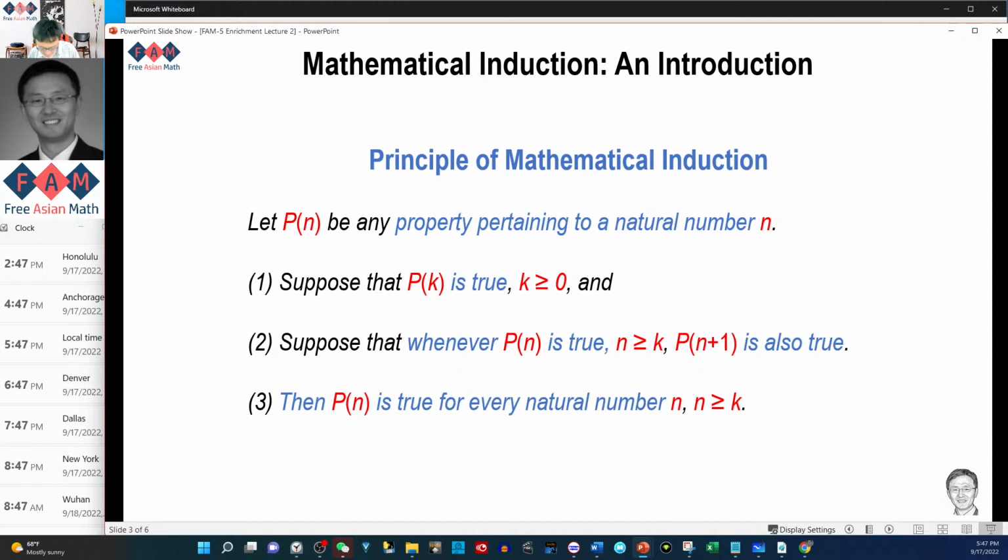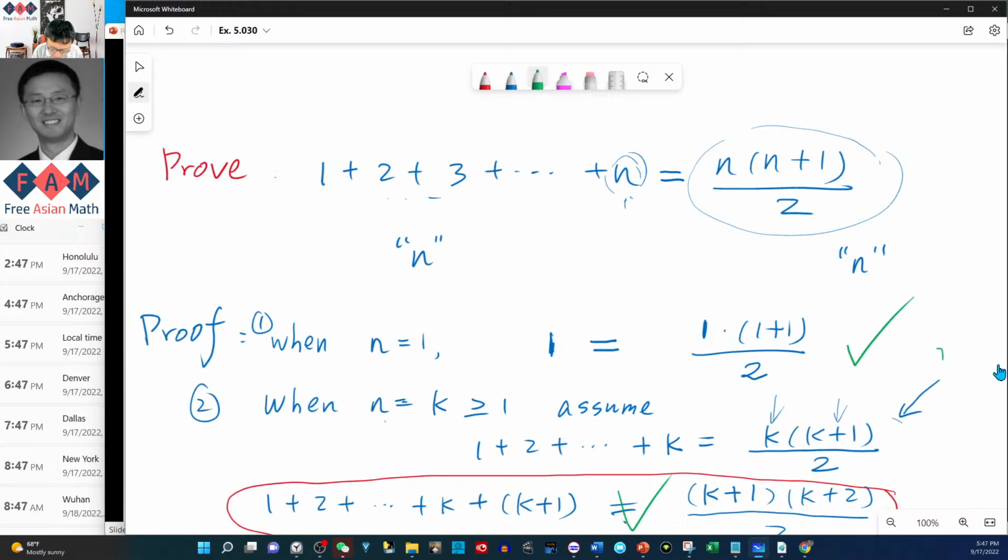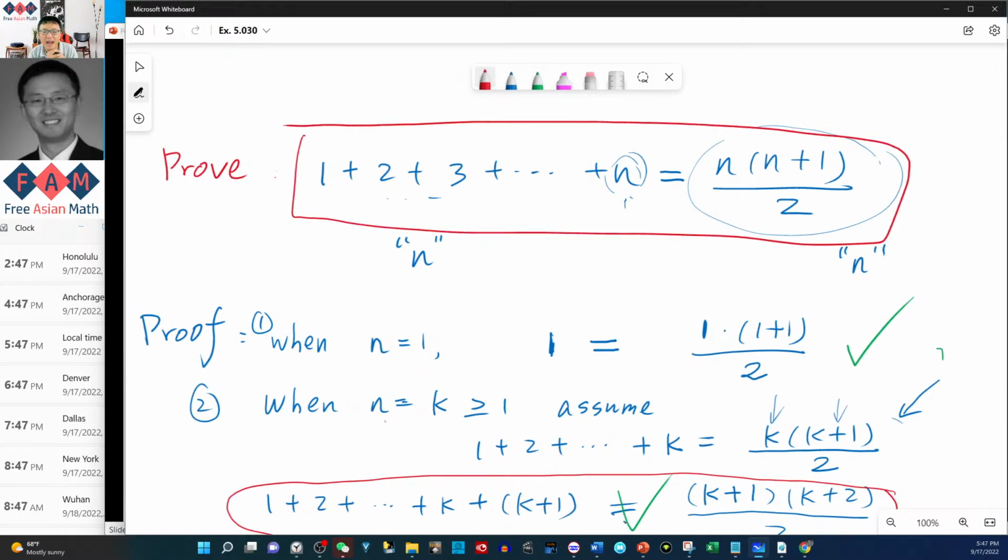Because this is an axiom, we just showed this formula, the Gauss summation, is generally true for every natural number starting at 1.